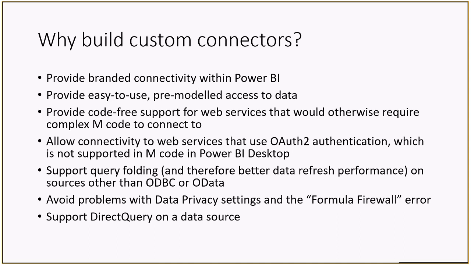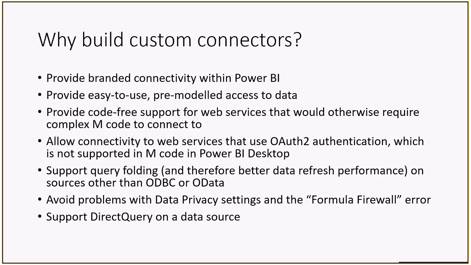So with a custom connector, rather than just giving somebody a link to an API or a connection string to a database somewhere, you can provide a specific data source inside Power BI with your own branding on it. That means that your customers can see your icon, your logo inside Power BI and understand that they're connecting to your system.